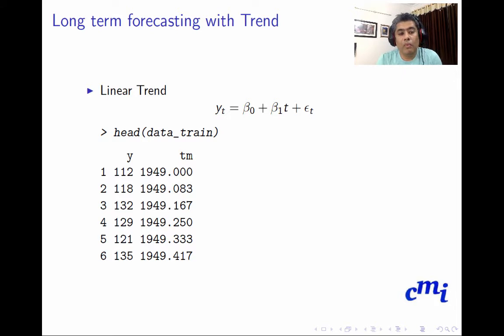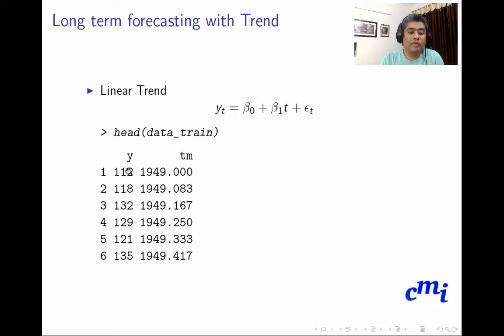Now, what is the data structure that we have in the training data? We have Y values and time values. 1949.000 represents the month of January 1949, 0.083 represents February 1949, and 0.167 represents March 1949.